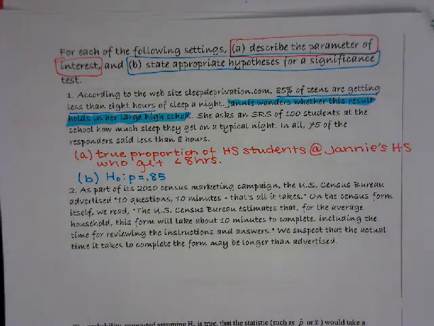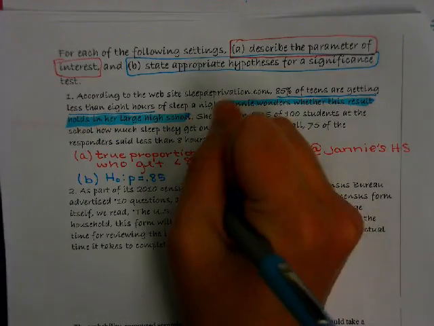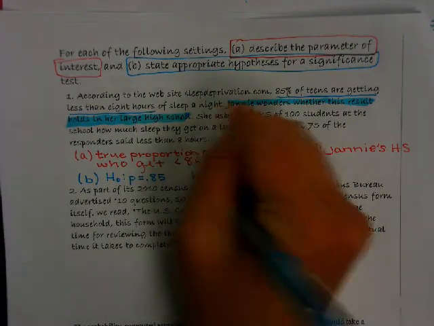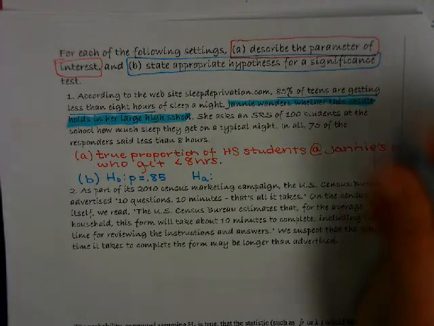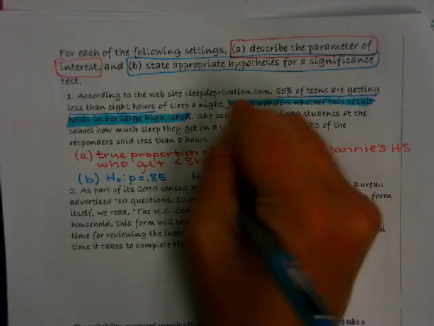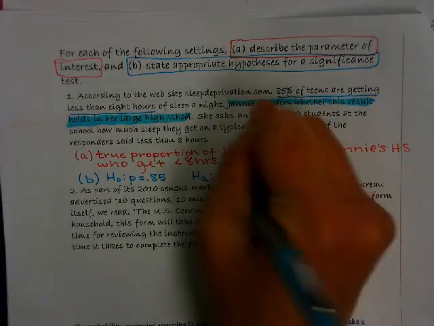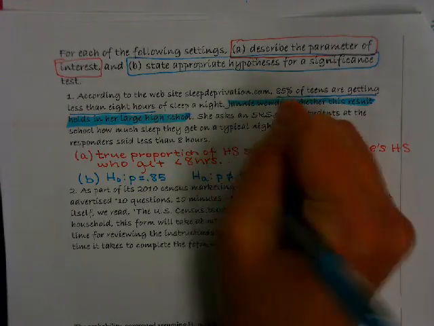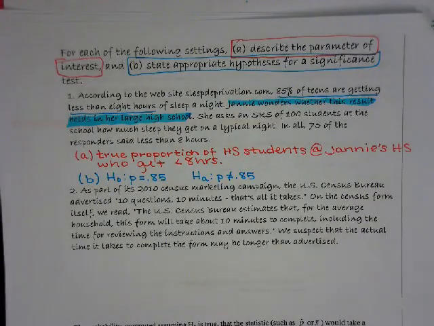So our alternative, HA, would be that P does not equal 0.85. Since it doesn't specify that she thinks less than 85% of the kids get less than 8 hours, or that she thinks more than 85% of kids get less than 8 hours, we say it's not equal to.